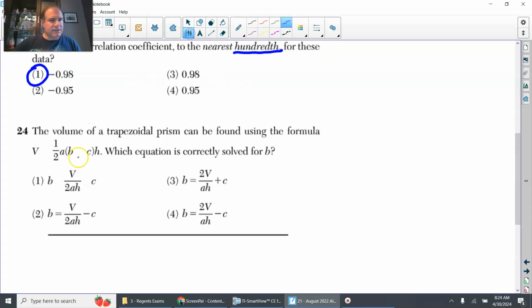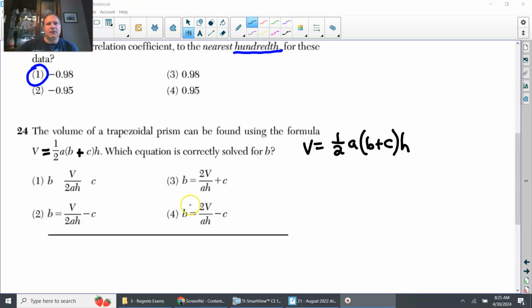So number 24. I just rewrote it and it says you have to solve it for b. So there's the b in there. So you don't immediately go into where the b is, but what I would normally do right here is to try to get rid of this fraction.